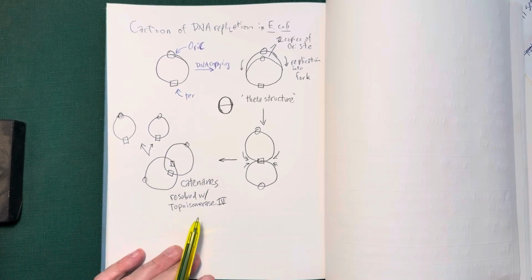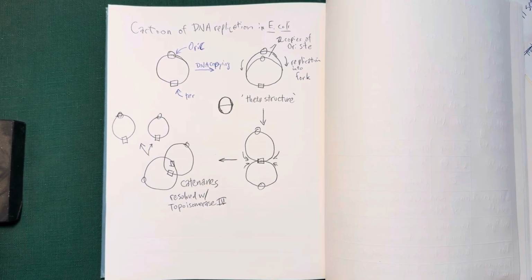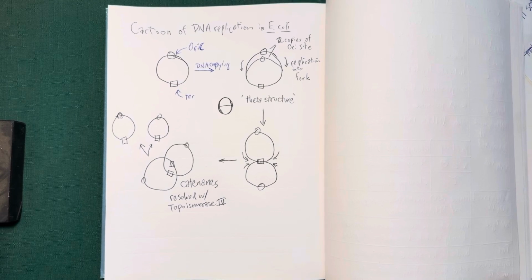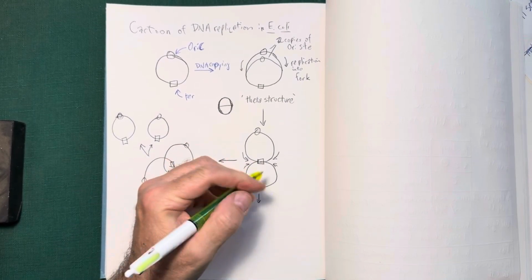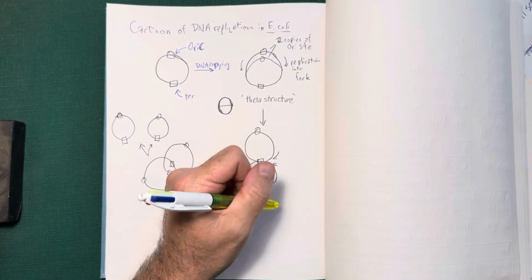So it's going to break these links and anneal them back together. So we've got two autonomous copies of the genome. Another thing that can happen is dimerization.